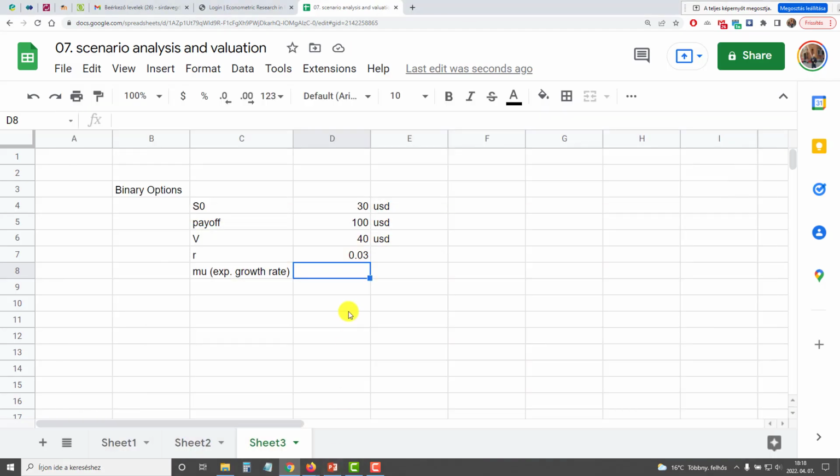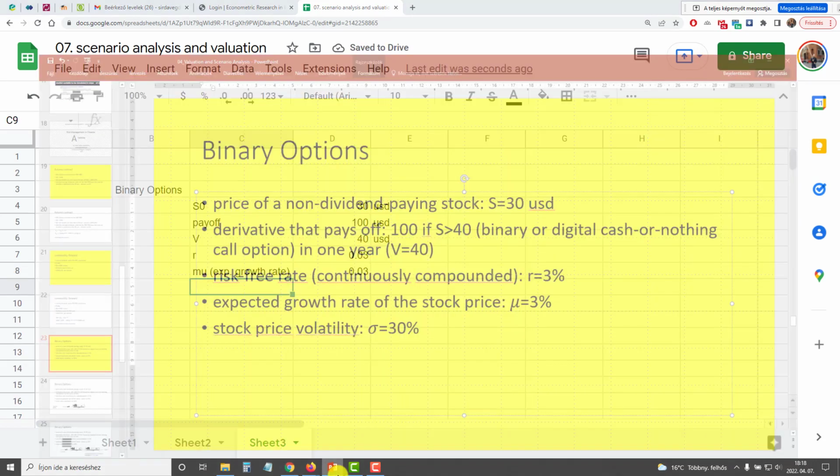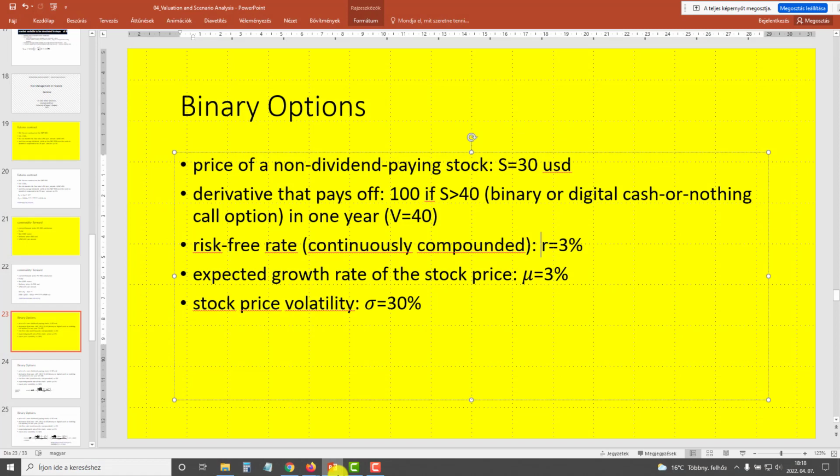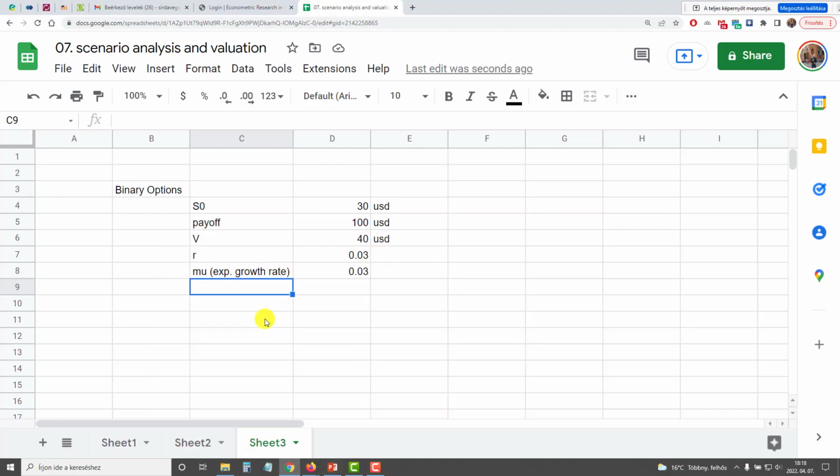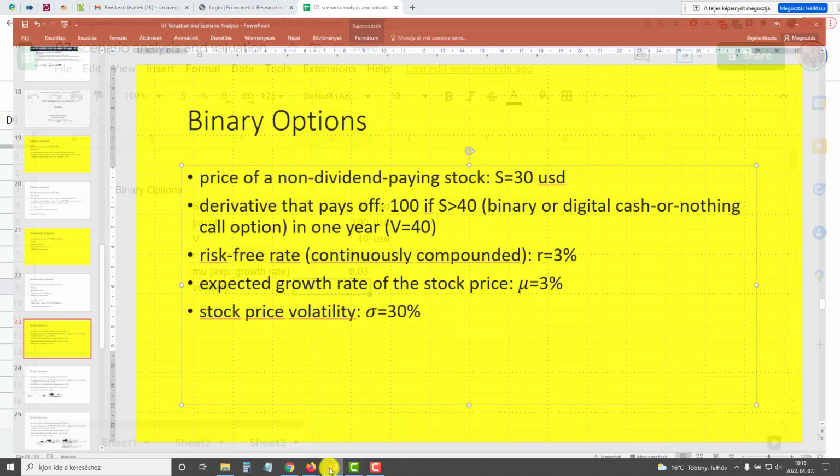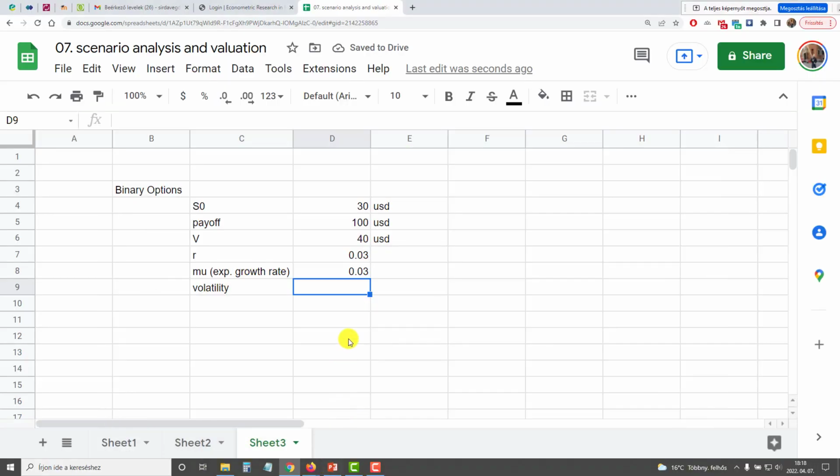Okay, it was 3. Again, it can be confusing because the book uses the same numbers again and again. I still don't like this one, but okay. Volatility of the share price is 0.3, so we have at least 3 threes.